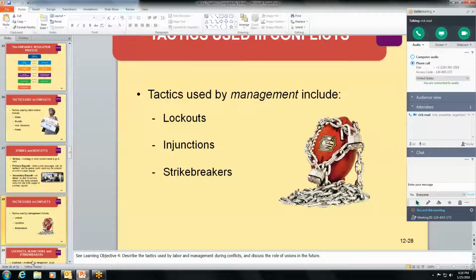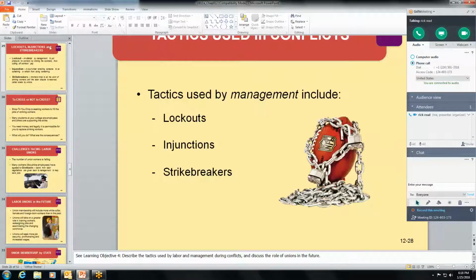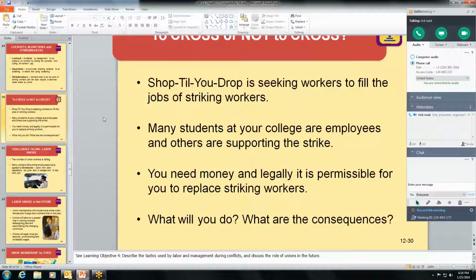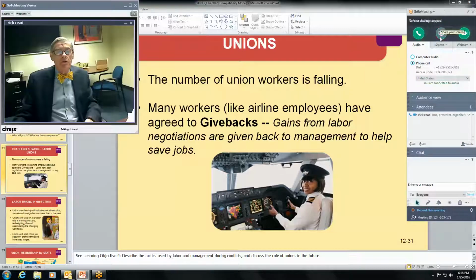This is what a lockout is. I just mentioned these, the injunction and the strike breakers. This is a shop till you drop. That's in your text, which you can look at. The number of union workers is falling, although there's an initiative in some professions, especially the medical profession, to unionize.